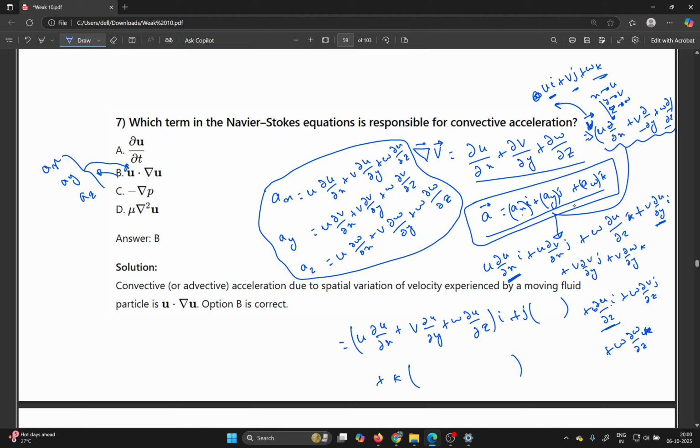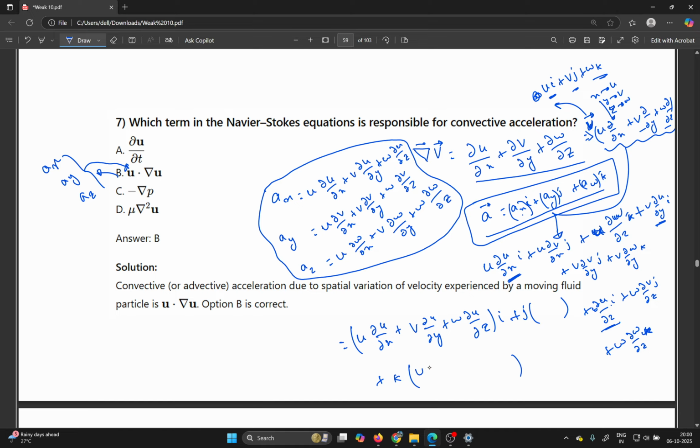okay, so I think here we have some mistake. Here you have u, because when you multiply this term with this, u del by del x, and w here.